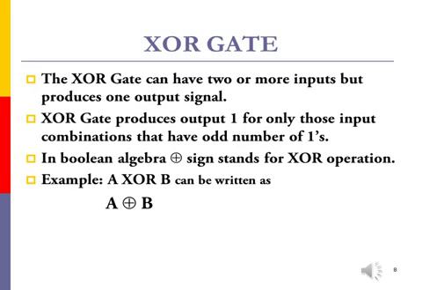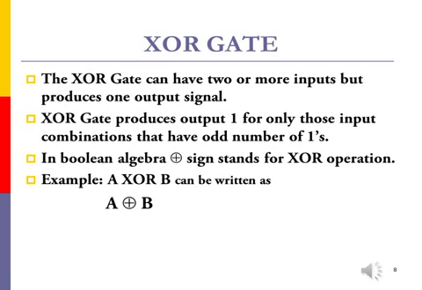The XOR gate can have 2 or more inputs but produces only one output signal. The XOR gate produces output 1 for only those input combinations that have an odd number of 1s. In Boolean algebra, the circled plus sign stands for the XOR operation.